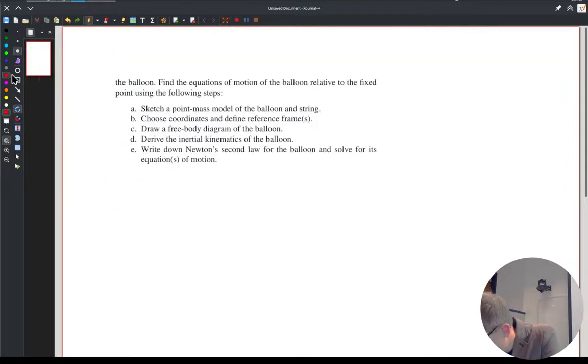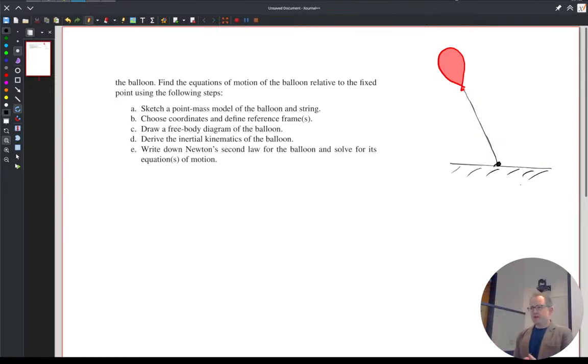All right, so I'm gonna redraw the balloon because it's important. It's gotta be a red balloon, right? So let's get that out of the way.